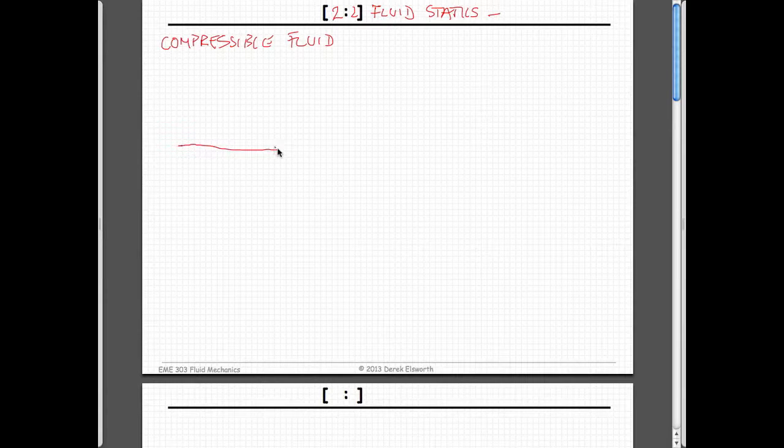If we look at the change in pressure that occurs with elevation, not very straight, but these are supposed to be straight lines. Positive Z is upwards. If this was, for instance, water below here, we know that this is what we talked about last time.